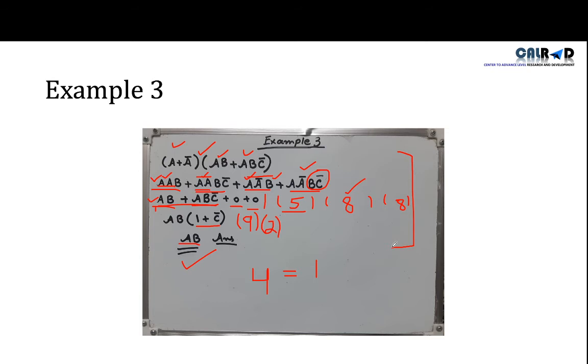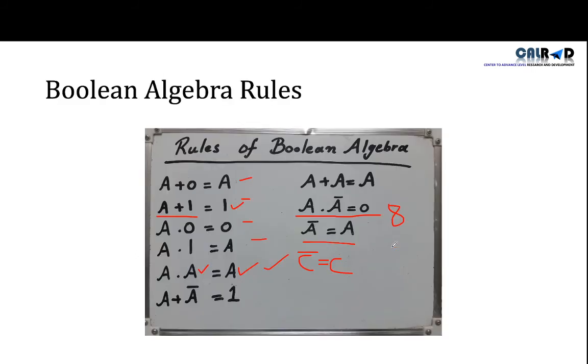There are also other Boolean laws which are more complicated, which we will do in our next lecture, and by using those laws we can further simplify these equations. But for now, use only these simple rules and try to solve today's 3 examples again and again to get better understanding. Why again and again?